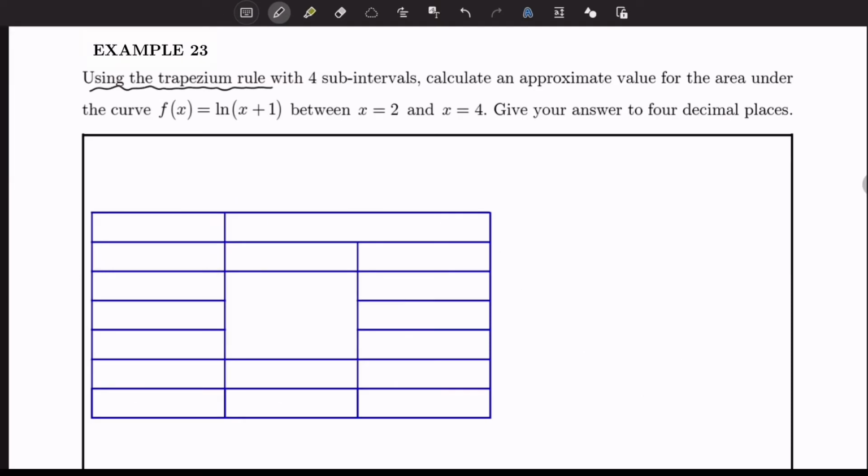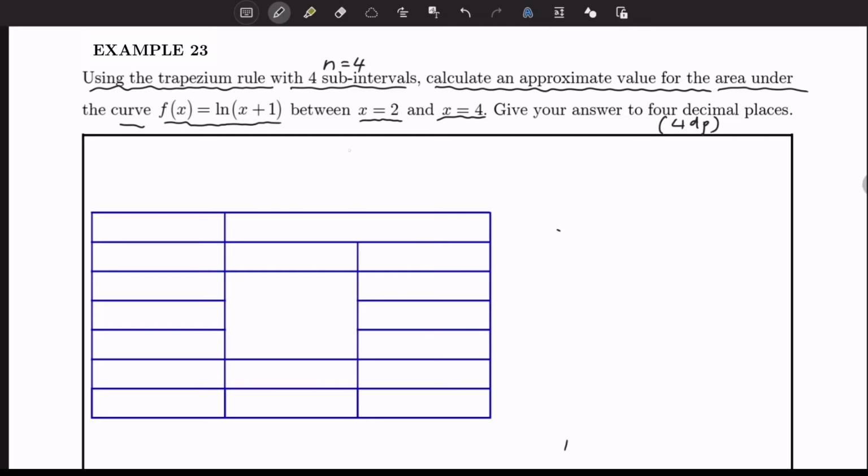Using the trapezium rule with 4 subintervals, calculate the approximate value for the area under the curve of f(x) equals ln of x plus 1 between x equal to 2 and x equal to 4. Give your answer to 4 decimal places. So 4 subintervals, so n equal to 4.